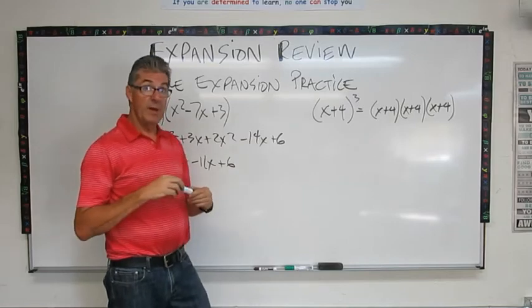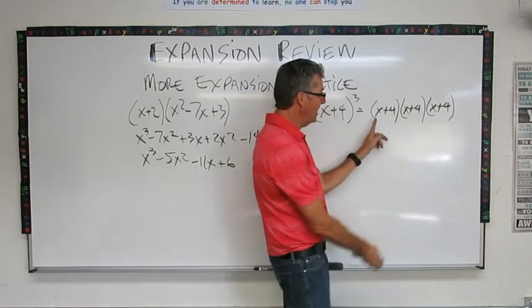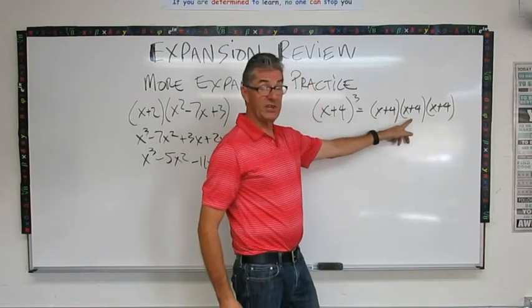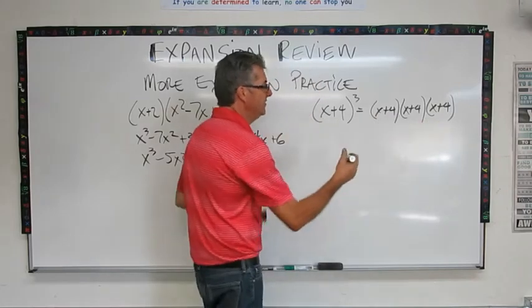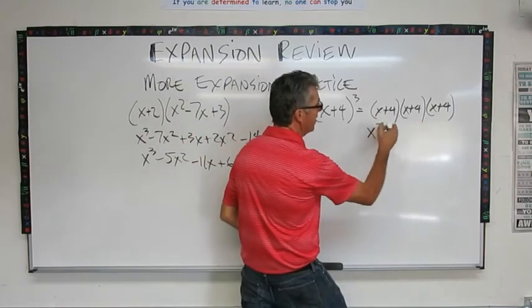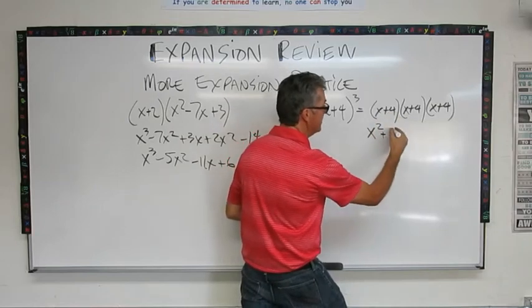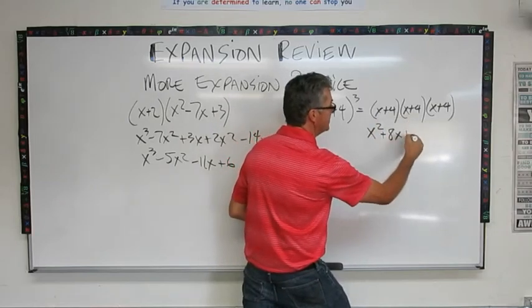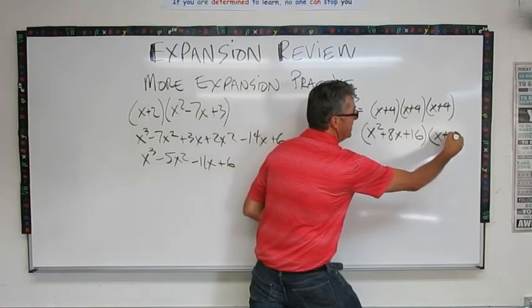Okay, so the way we do these is we do FOIL on this first one, or actually, this is a perfect square, so it's going to go a little faster, and then we multiply the result by that one. Okay, so this is going to be x squared plus 2 times 4 times x, which is going to be 8x plus 16. Put down my parentheses, times x plus 4.